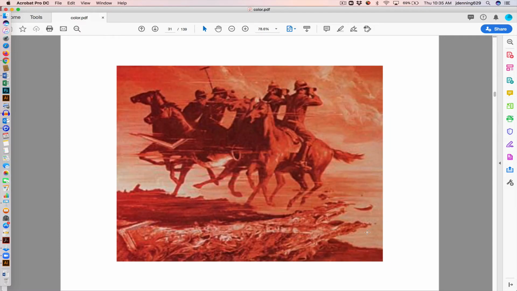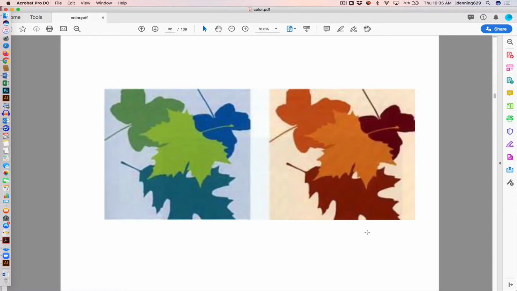So as we look at designs, assess what is the color scheme. Is it monochromatic? In this case, this is a monochromatic color scheme. The primary hue is red, and then you have various shades of that color going into pure black to pure white. This is analogous, and you can see that there's green and blue on this side and more brown and orange on the other side, and those are colors that are next to each other on the color wheel.